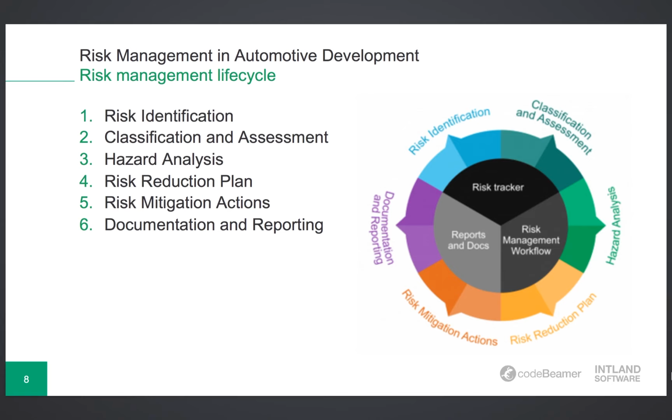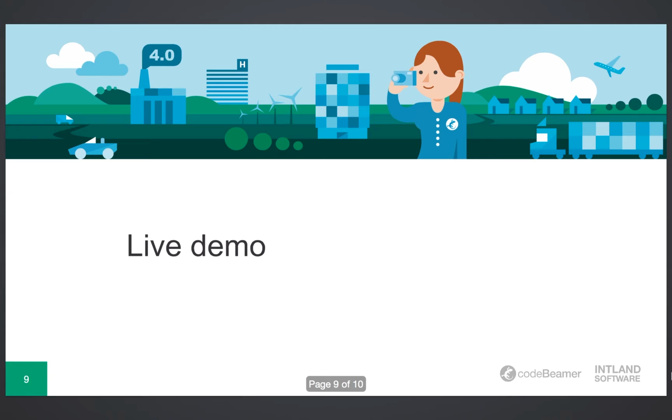In all of these steps, codeBeamer is going to be a great help because we have elaborate functionalities, so you can run and generate reports and documents, and also visualize all your risks in the risk matrix diagram in codeBeamer. So right now, it is time for a live demonstration, so let's start with that.